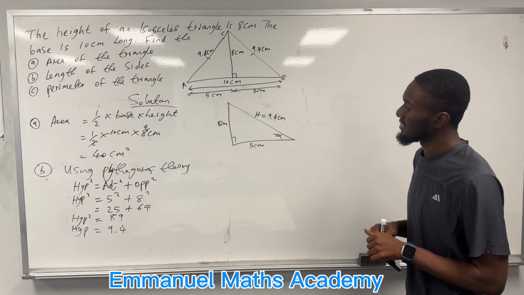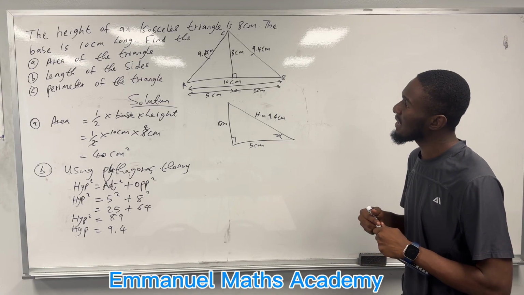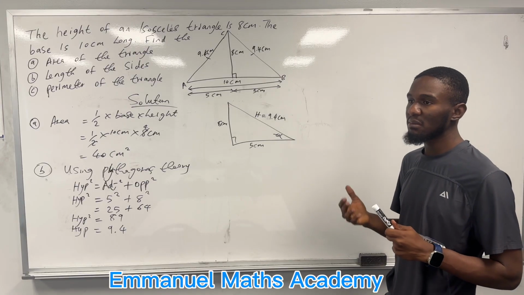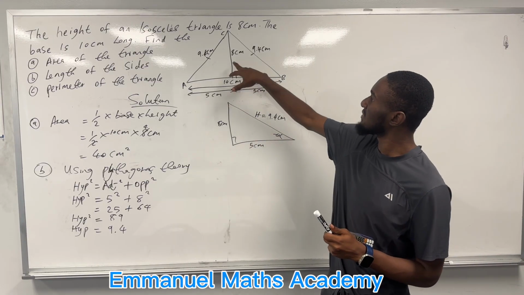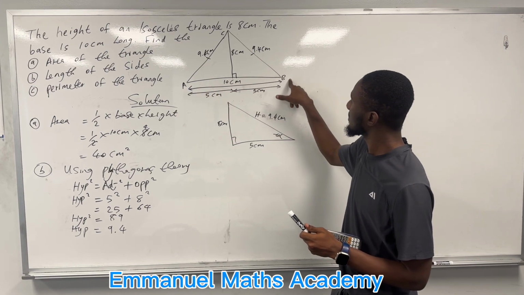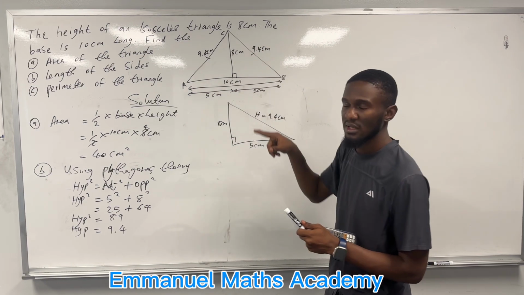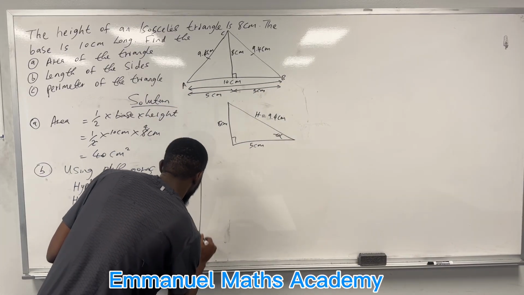So we have gotten our B. What about our C? Our C is the perimeter of the triangle. So the perimeter means the distance around the whole shape. So we are talking about the perimeter of this triangle. It means from this side A to B plus B to C plus A to C. Alright, so let me do the C here.